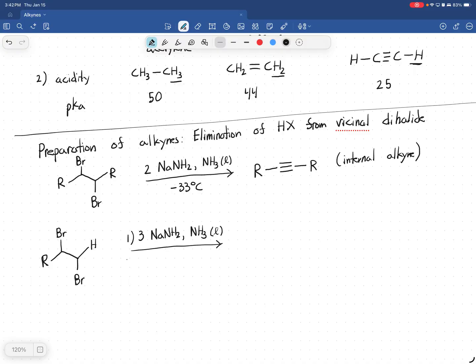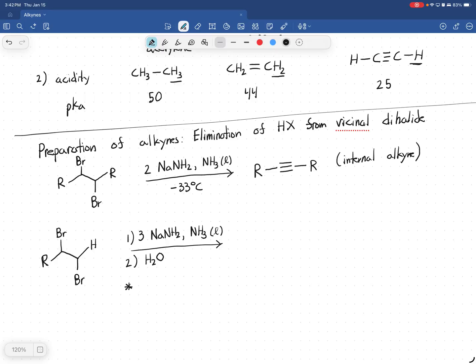And then step 2 is when you're going to use H2O to protonate the alkyne, okay? So I'll just put a little note here. You need 3 equivalents, so this reaction won't work if you don't have 3 equivalents.